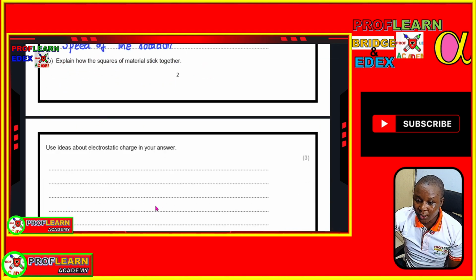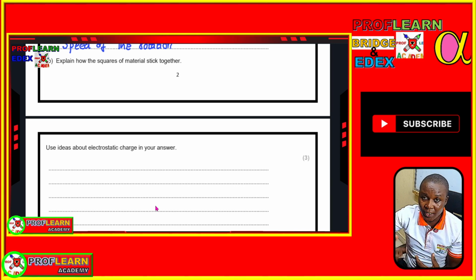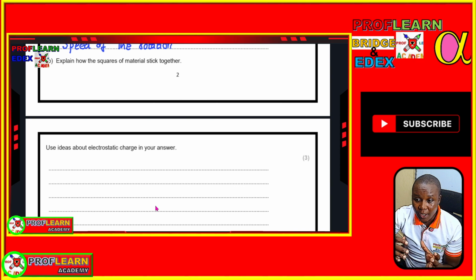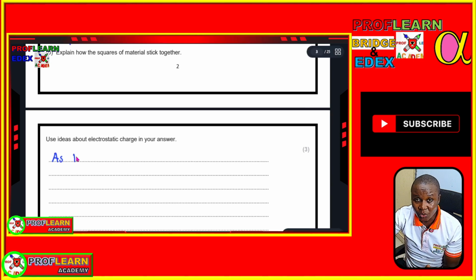Use the idea about electrostatics to explain why the squares stick together after a rotation. Remember, we can charge materials by friction. So when it rotates, there is frictional force. The squares rub against each other, and in that case, charge is transferred.